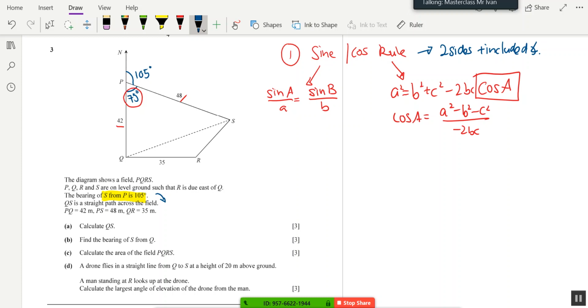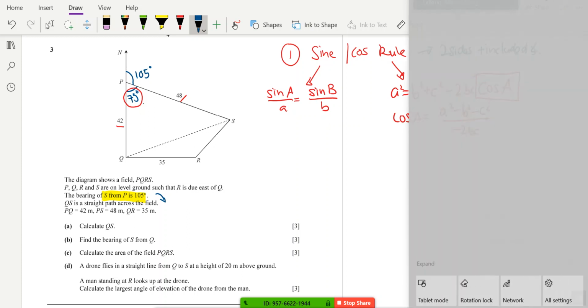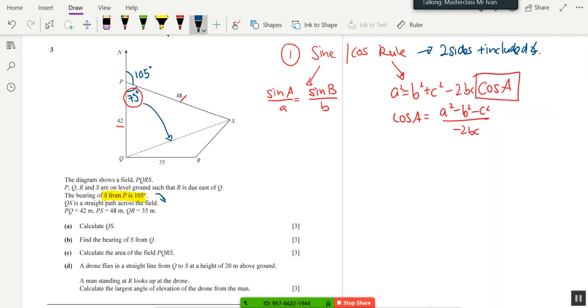So with two sides and an included angle, what do we use? Cosine rule. Use the cosine rule to find which length? The length QS, which is always opposite the angle. So QS squared equals 42 squared plus 48 squared minus 2 times 42 times 48 times cosine 75.